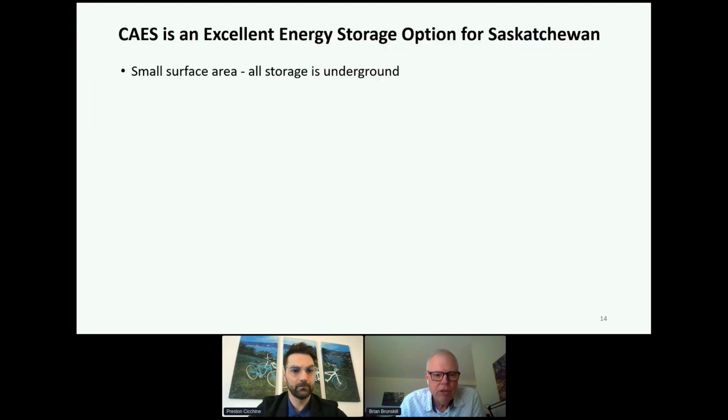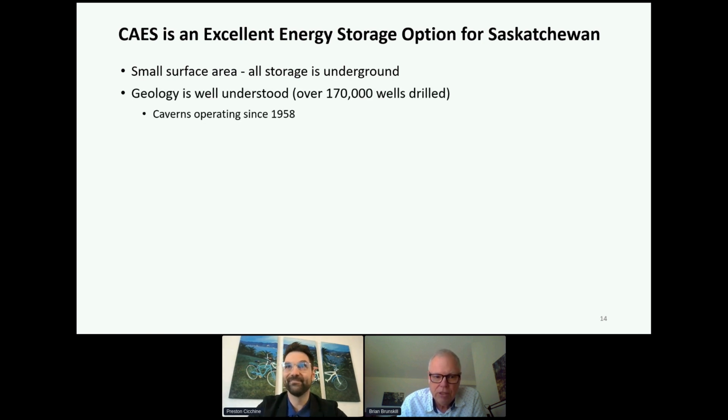So compressed air storage is, in my opinion, an excellent storage option for Saskatchewan. It has a very small surface area. All the storage is underground. These salt tanks are very, very large, and you can't see them because they're underground. The geology is well understood.